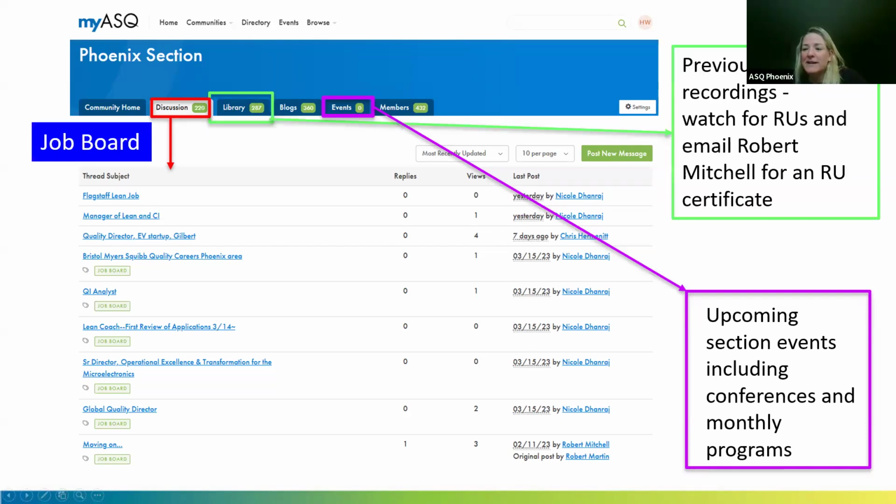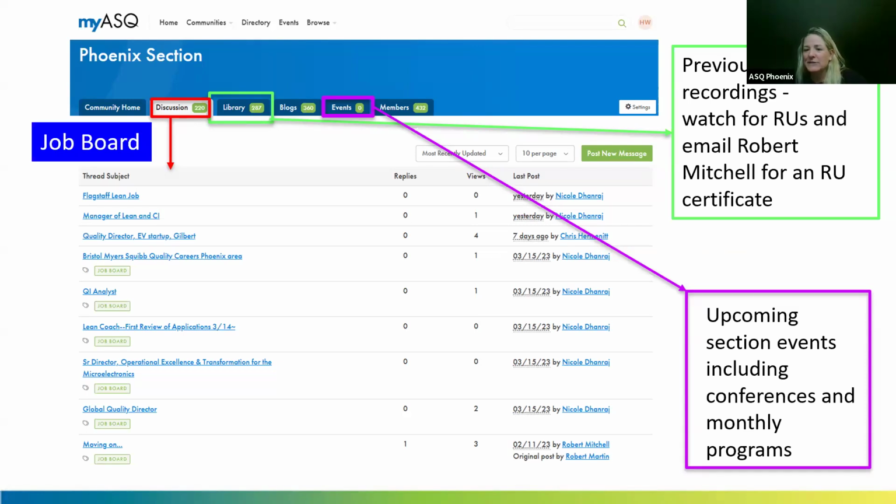And the library is where you'll find previous program recordings, which you can watch for RUs and email Bob Mitchell for a certificate. And just as a reminder, this year, I believe we are continuing to give 0.2 RUs for attendance at section meetings.